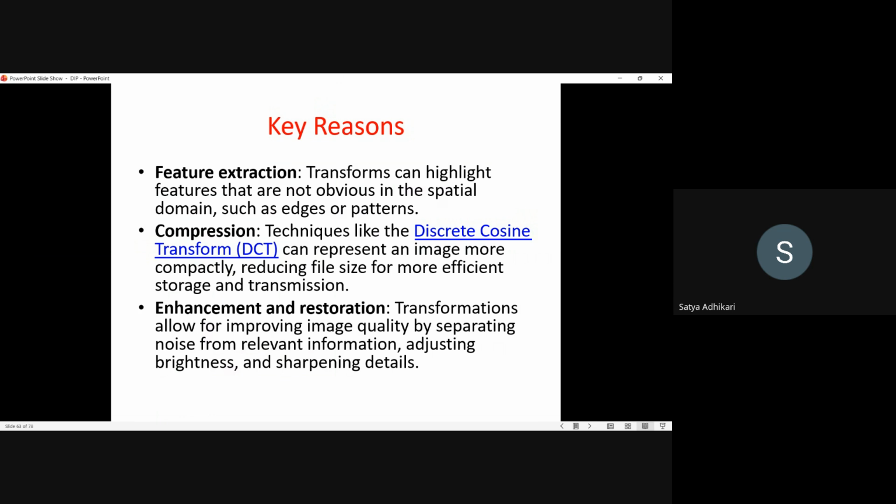After transformation it is easy to remove the noise, so you will get a better quality image, adjusting brightness and sharpening details. That is why we need transforms.